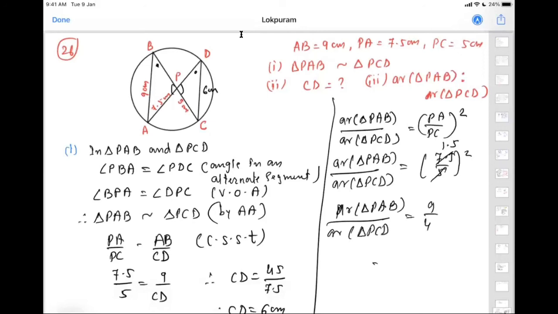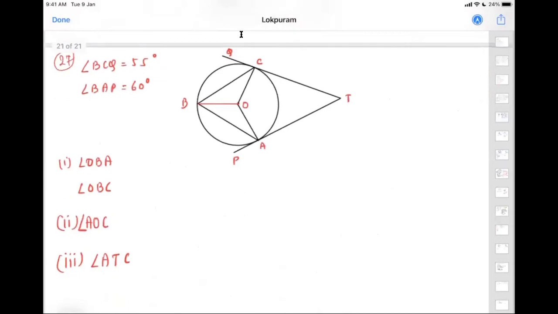So ratio will be 9:4. समझा? Any doubt? No. Last question. No, sir. Yes, sir.